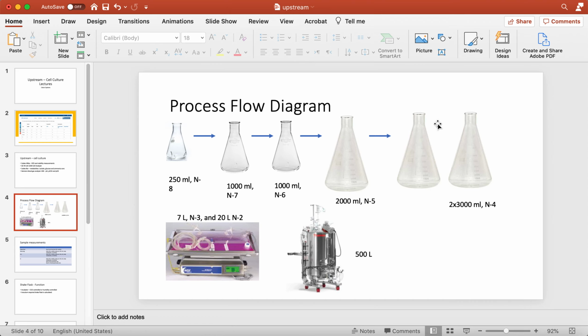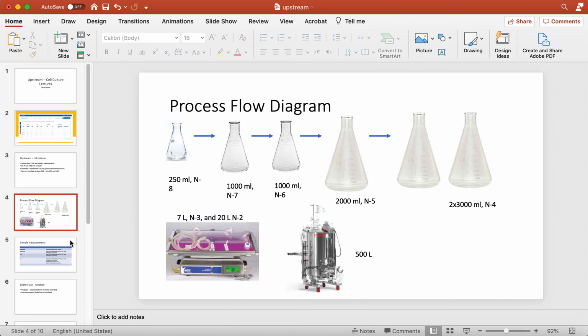One thing to keep in mind is that all these passages, passage 1, 2, 3, 4, etc., are 3 days each. In each stage they increase the seeding density slightly, and then from N minus 3 to N minus 2 there's a rebatch.